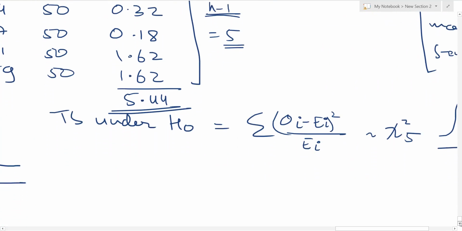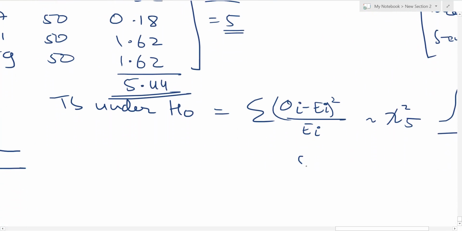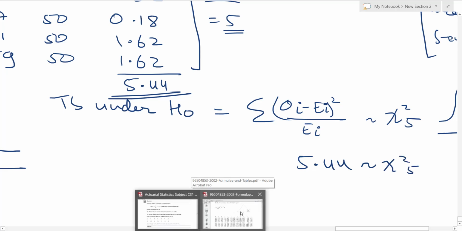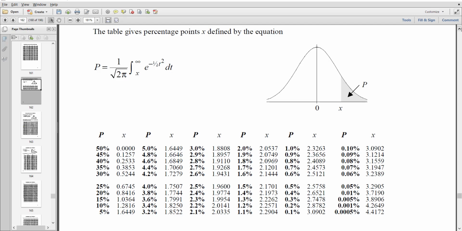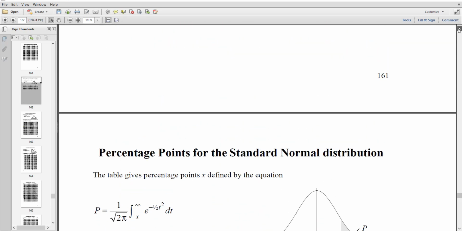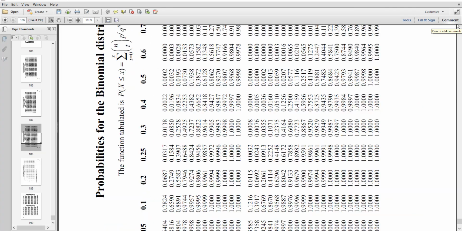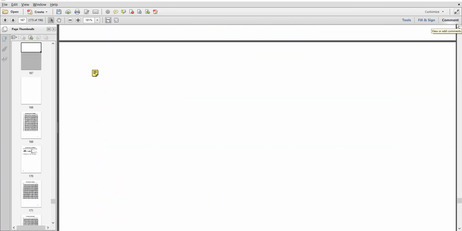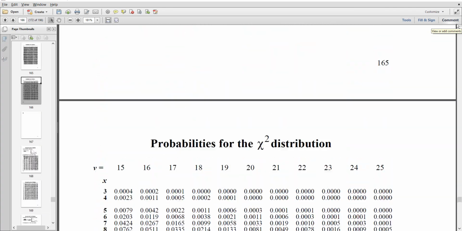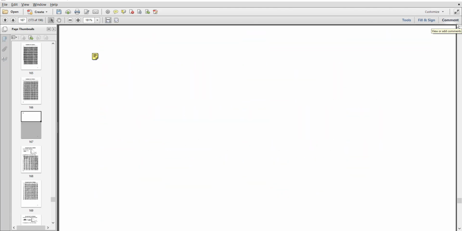So test statistic under H0 is 5.44, has a chi-square 5 distribution. Now you have to check what is the chi-square upper 5% percentage point. Let's go down. Chi-square probabilities, I have to go for percentage points, right?